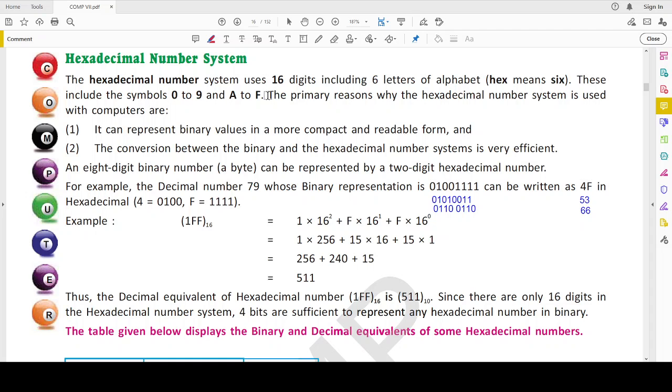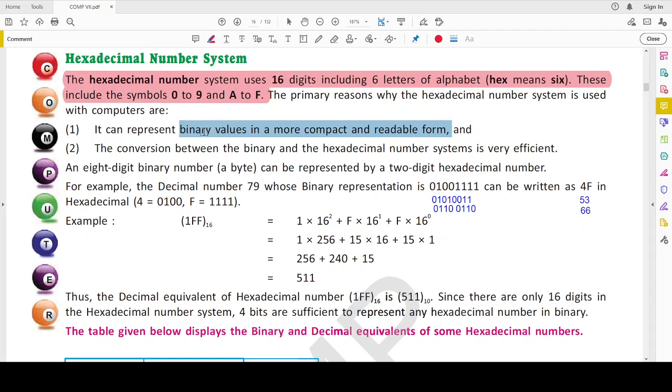The primary reason why the hexadecimal number system is used with computers is that it can represent the binary values in a more compact and readable form.